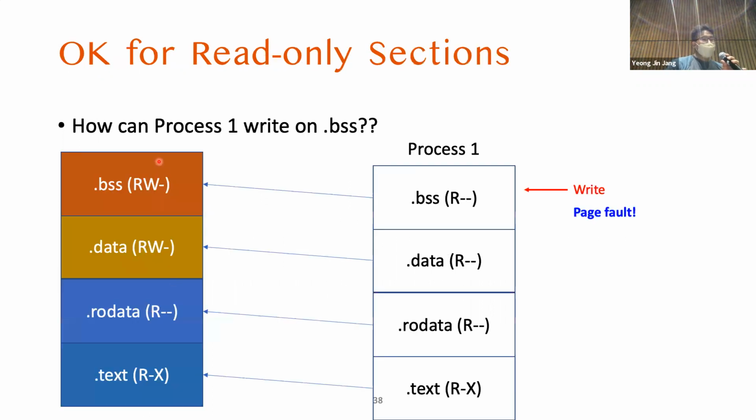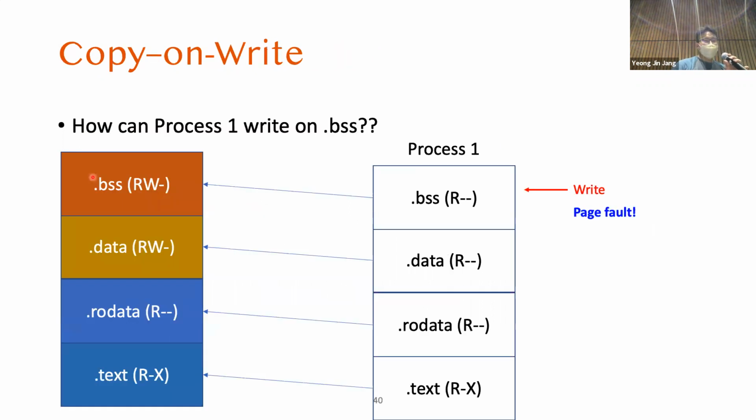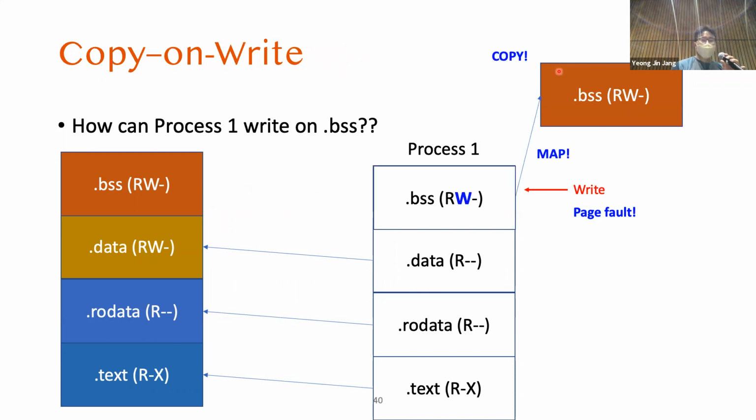We do not copy anything on process creation, but whenever there's a write attempt, after analyzing the CR2 and error code, we can copy this BSS as RW, and then map it. Then next time, process 1 can use this one.